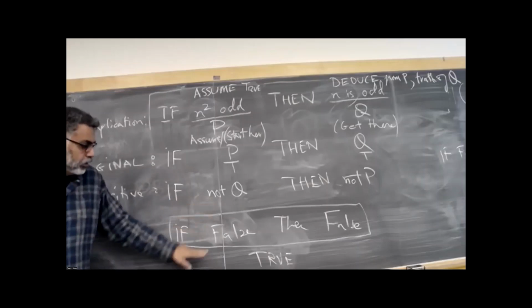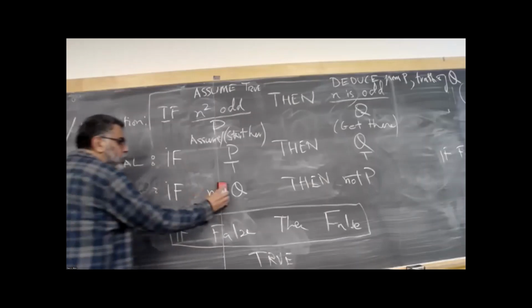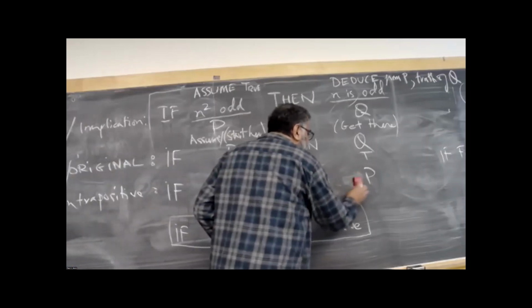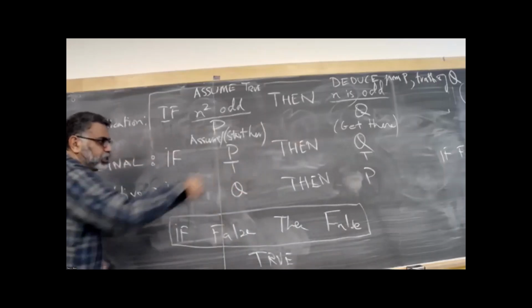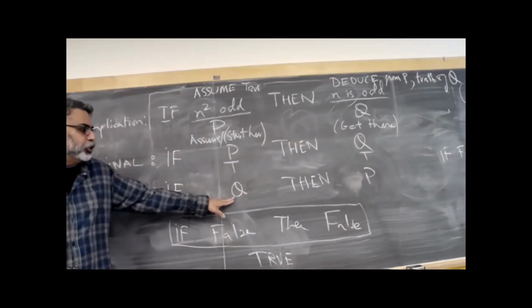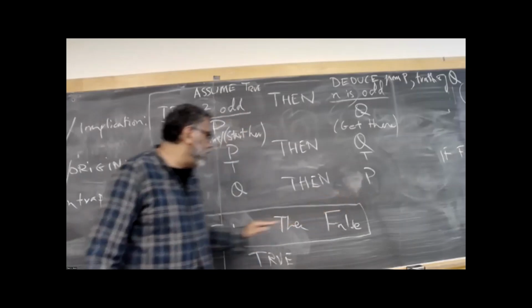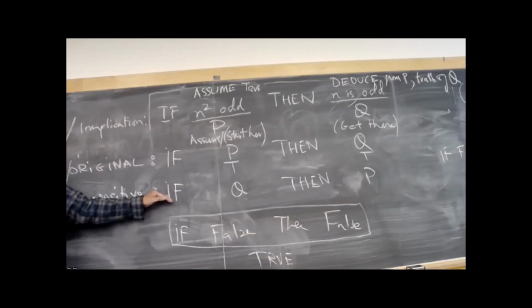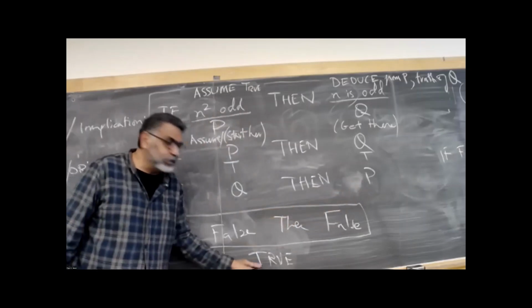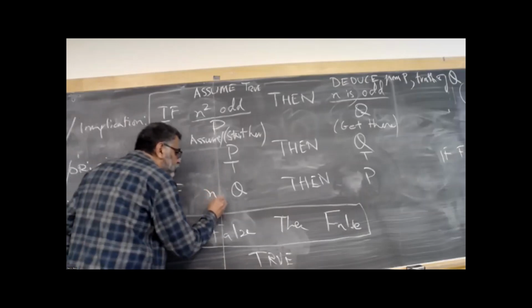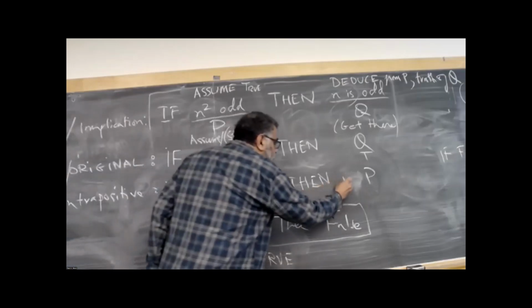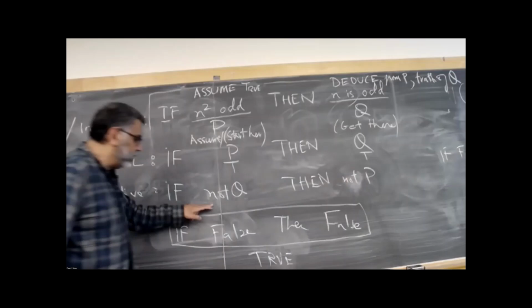So right now, what we've done is we switch them around and we've assumed that Q is false and P is false. So now we have if false, then false, it's true. And then all we have to do is put not here and then not here. What does that do?